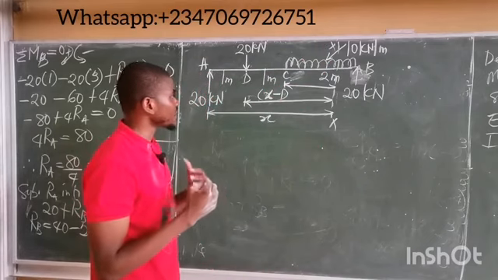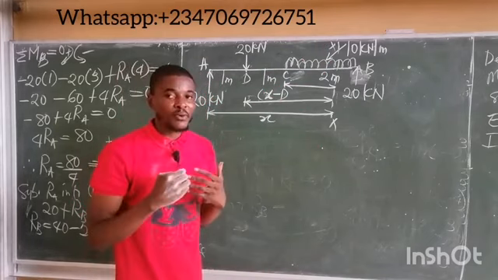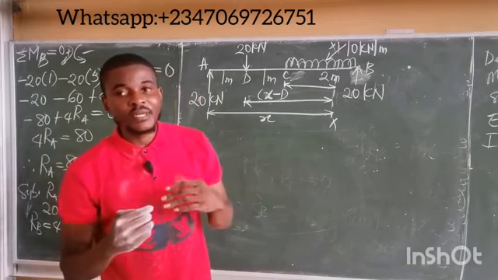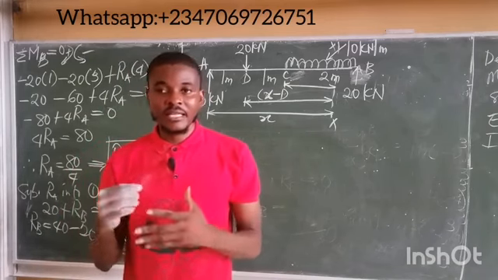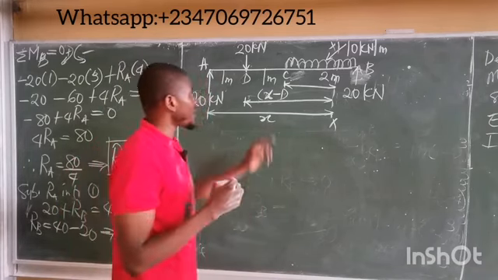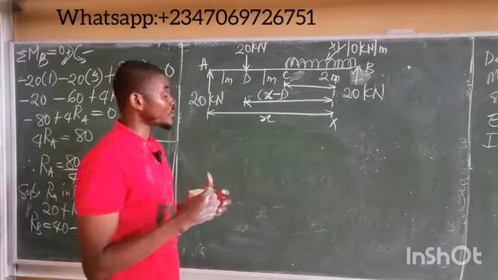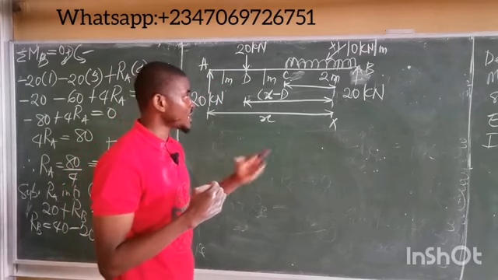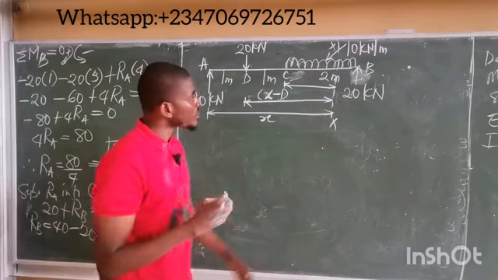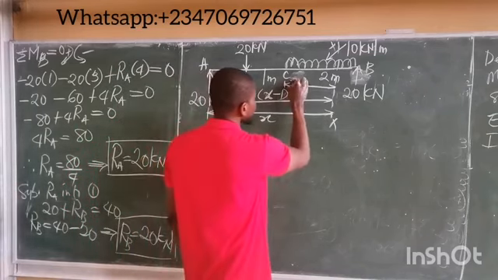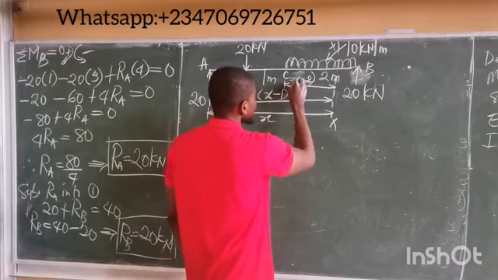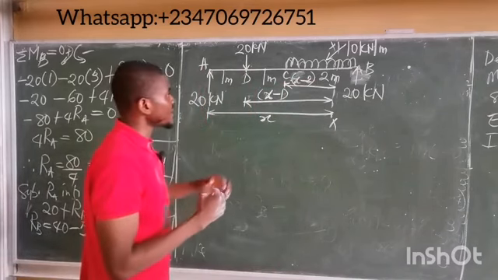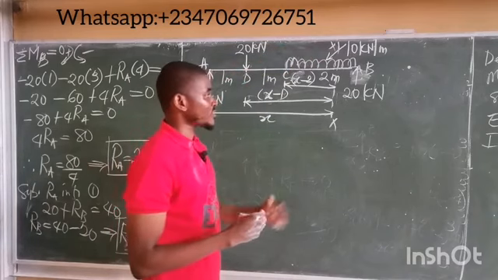Okay, so to do that, same thing, since I am now at point C, it simply means every other distance behind, I no longer need them. And behind point C, I have 1 meter and 1 meter, which is actually what? 2 meters. Simply take away 2 from X. That gives you the distance from point C to the point of section. So I will simply have here X minus 2. So X minus 2 now becomes the length of this UDL about the point of section.